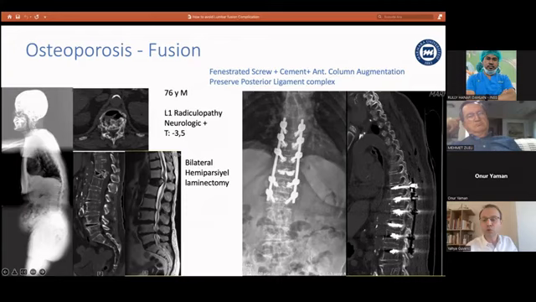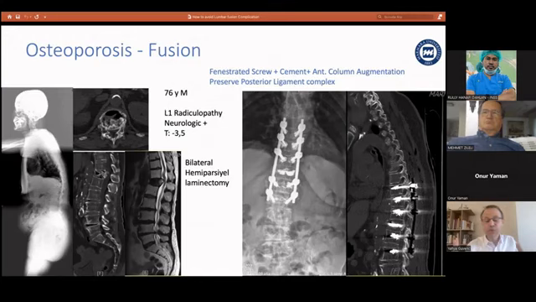We don't make a total laminectomy, because we are trying to keep the posterior elements, and we select fenestrated screws here, and we put anterior augmentation here.